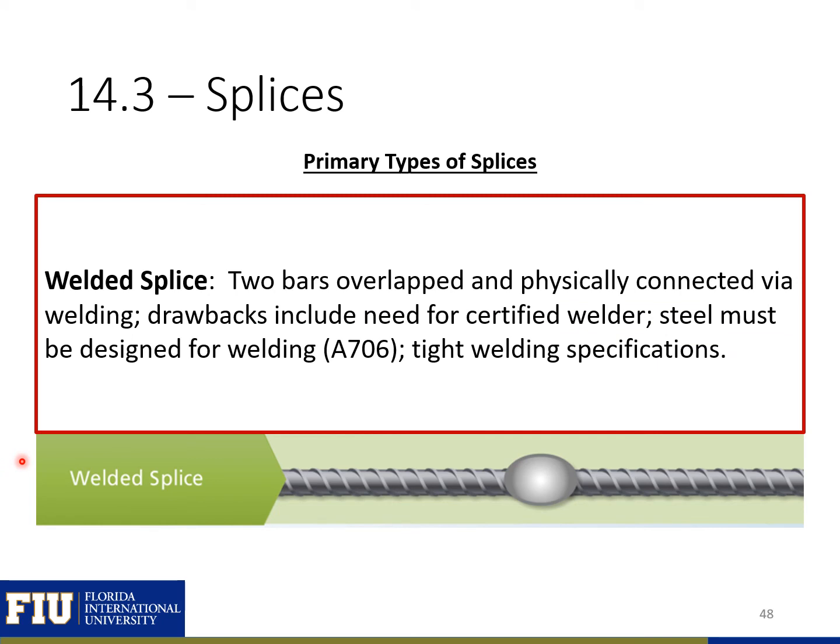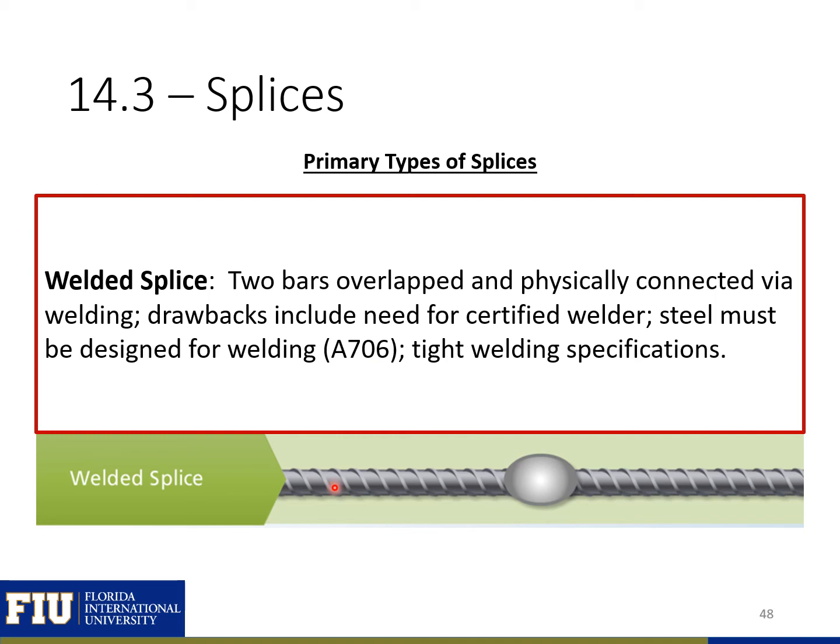Welded splices are when two bars are physically connected by welding. Some of the major drawbacks here are you need a certified welder in the field to weld the two bars together, which can be expensive and can stall a project. Also, the steel that you use must be designed for welding, which means it must be A706.